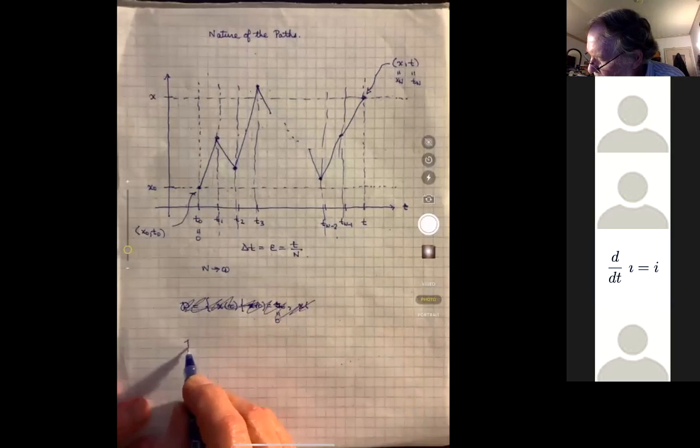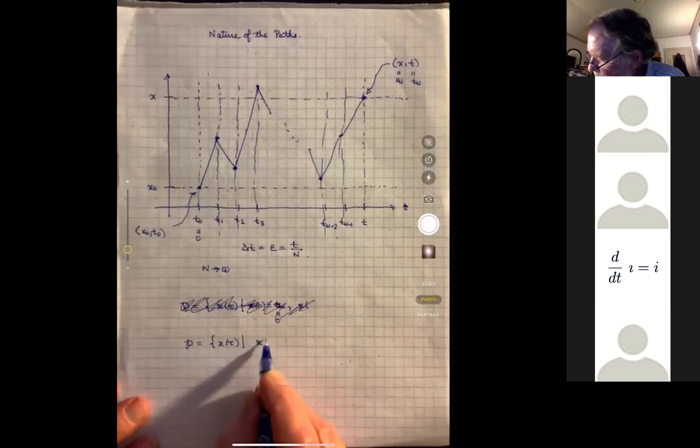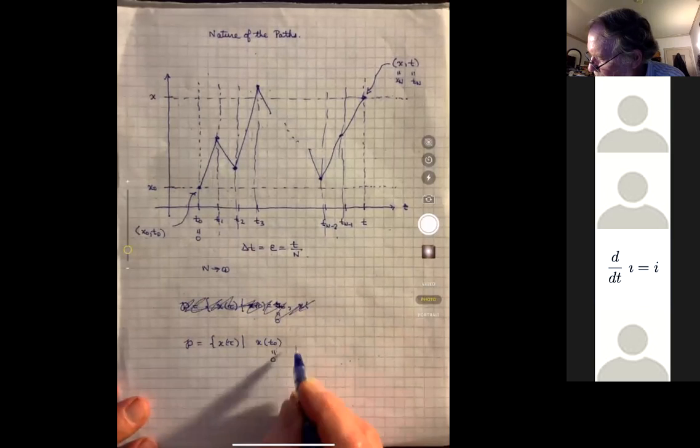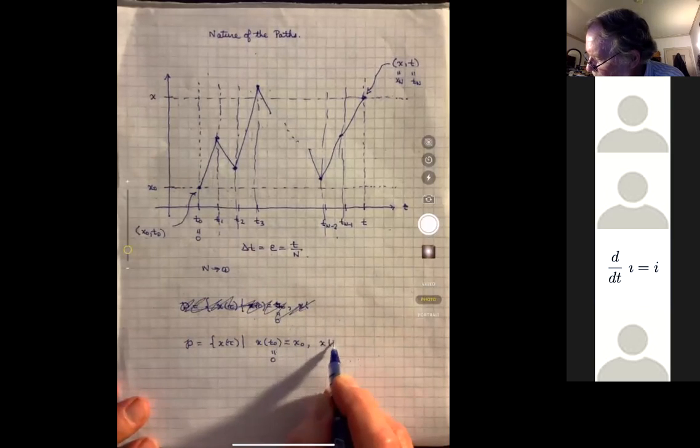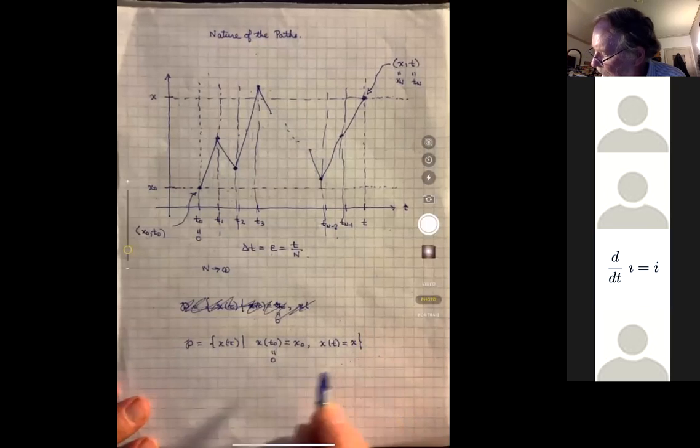We have a path space. It consists of paths x of tau, such that x of t0, which for us is the same thing as 0, is equal to x0, while x of t, which is the final time, is equal to the final x, which we're just simply calling x without any subscripts on it, like that.